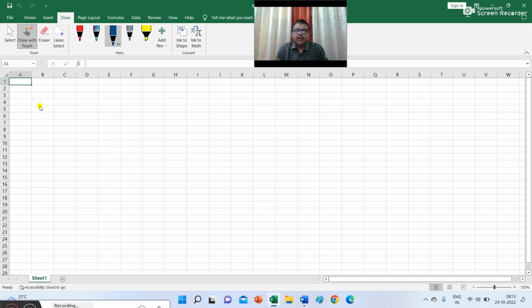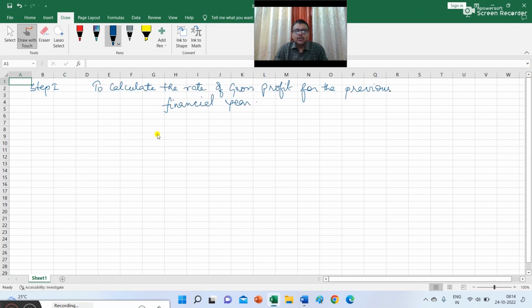To solve the problem, we have to follow the 4 steps. So step number 1 is to calculate the rate of gross profit for the previous financial year. To calculate it, we have to consider these 3 figures given in the question.